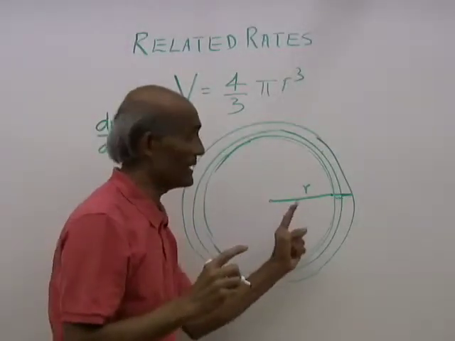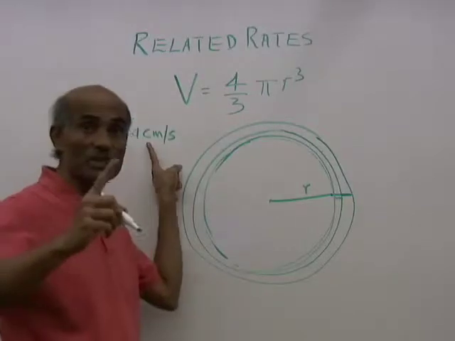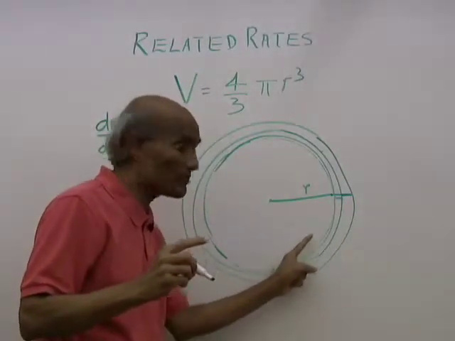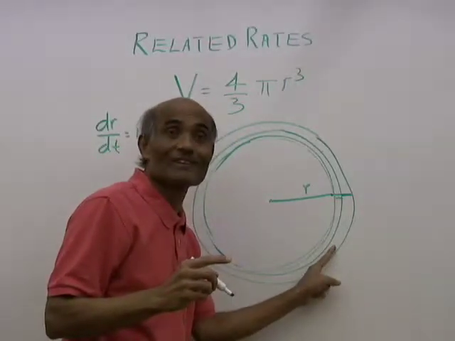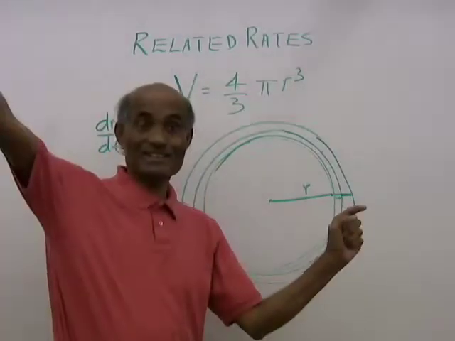Now, look at this and tell me. When radius increases by 1 centimeter each time, is the increase in volume the same in both cases? No. The increase in volume keeps on increasing.